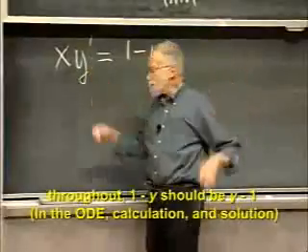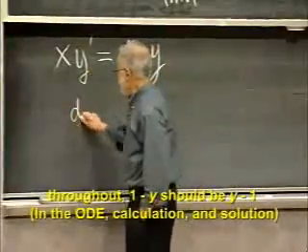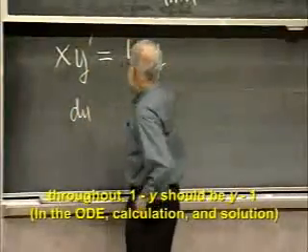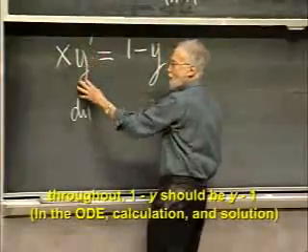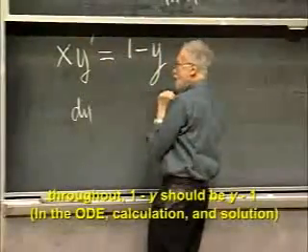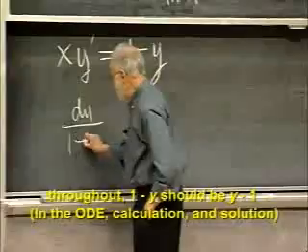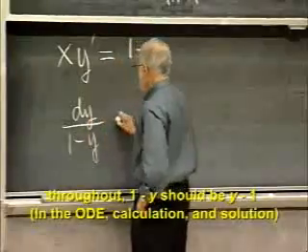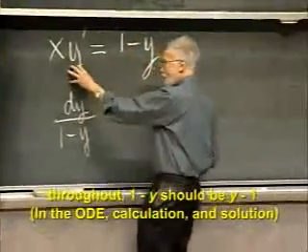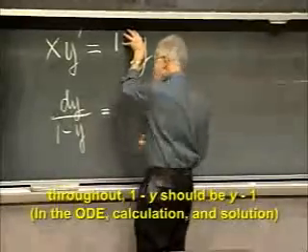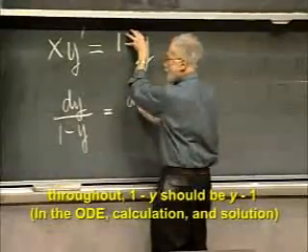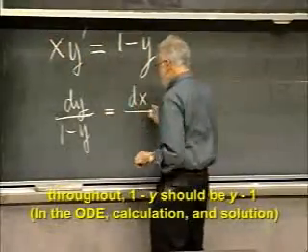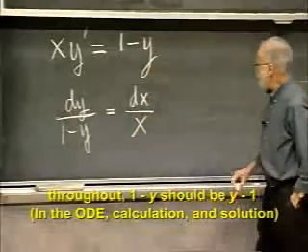Now let's just solve it by separating variables. Can you do it in your head? dy over dx, put all the y's on the left, it will look like dy over 1 minus y. The dx goes on the right rather. That will be dx, and then the x goes down into the denominator, so now it looks like that.